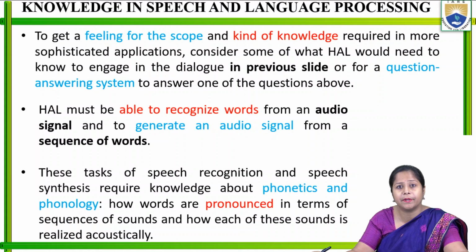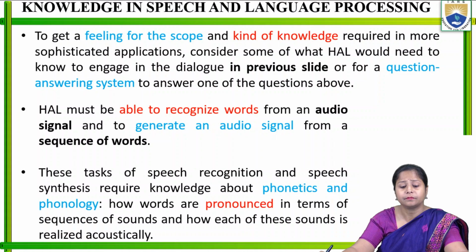What interpretation can there be from HAL, and what knowledge is going to be gathered by the HAL system? Or we can say, for a question answering system to answer one of the questions, how it will be interpreted by the conversational agent will totally depend on the algorithm and the model we apply.